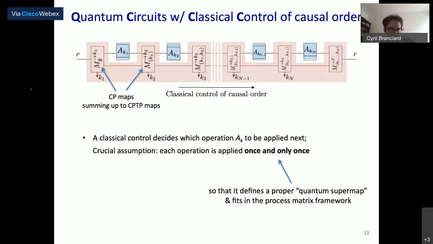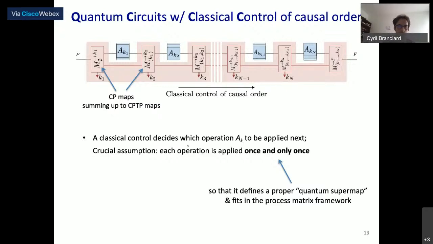So this is how we propose to describe quantum circuits with classical control of causal order. As I was describing, there's a classical control here that determines which operation comes next. One crucial assumption here is that we started with n free operations at hand that we want to plug into the circuit. Each operation should be applied at the end of the circuit once and only once, because we want to define a proper quantum supermap.